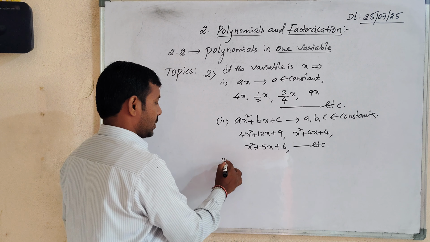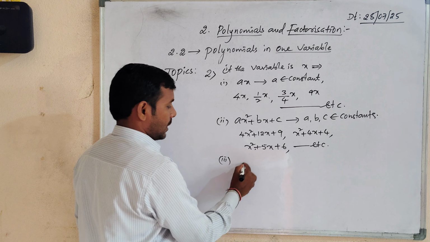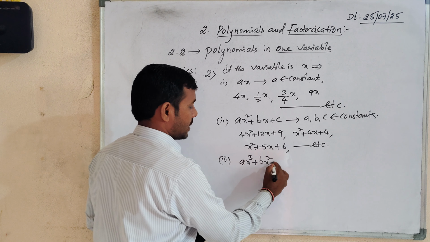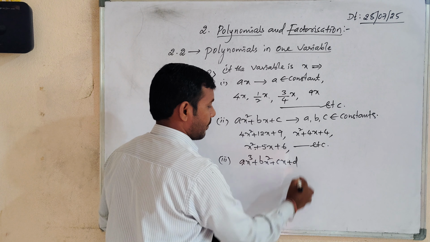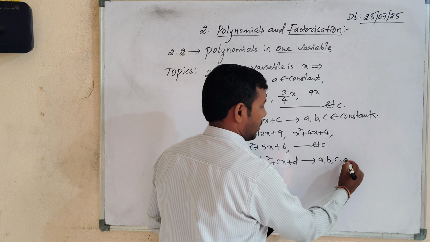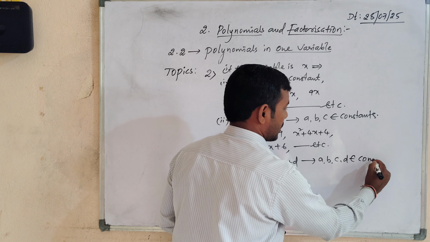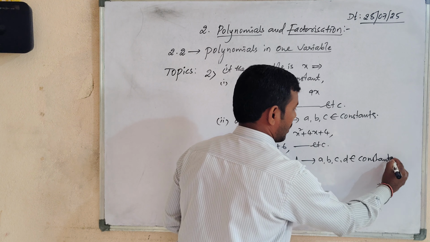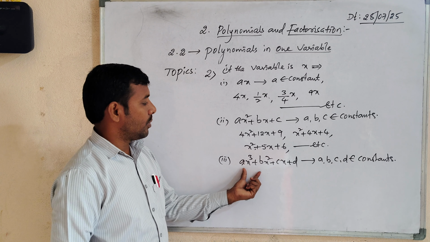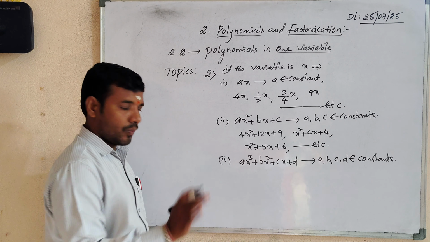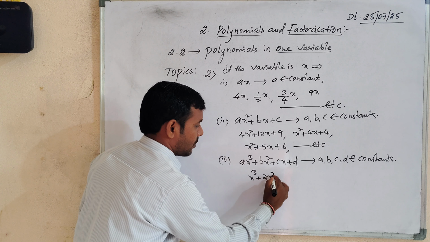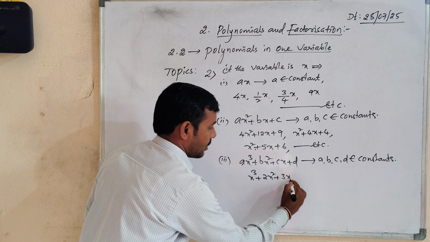Let us go with the third situation. What is the third situation? ax cube plus bx square plus cx plus d. Here a, b, c, d belong to constants. They must be constants. So it is also one of the polynomials having one variable. A few examples, observe. x cube plus 2x square plus 3x plus 4.